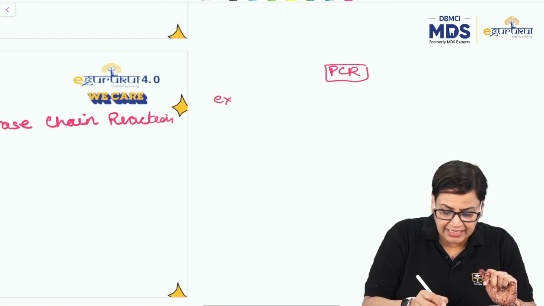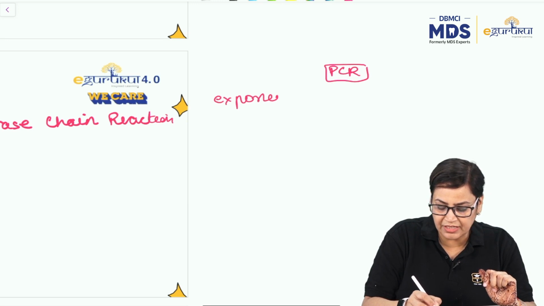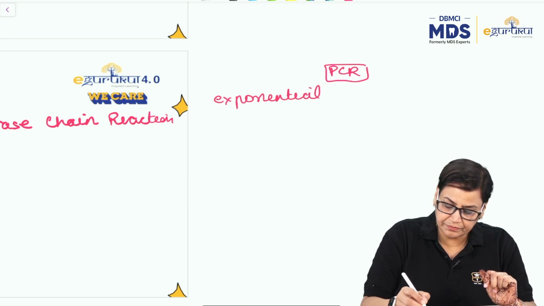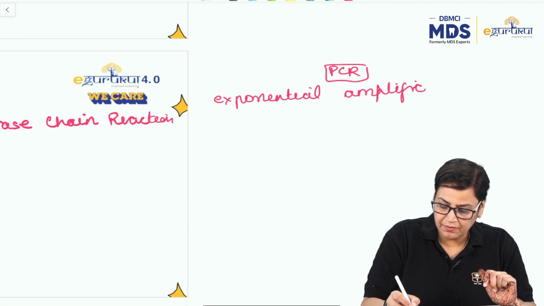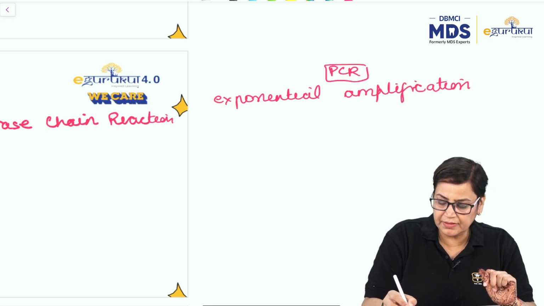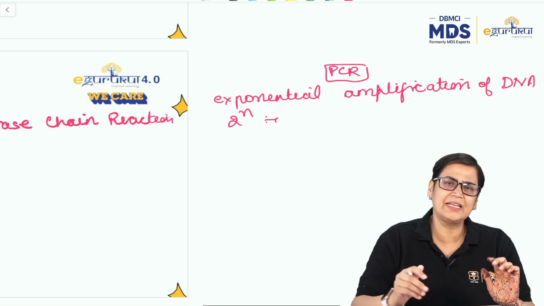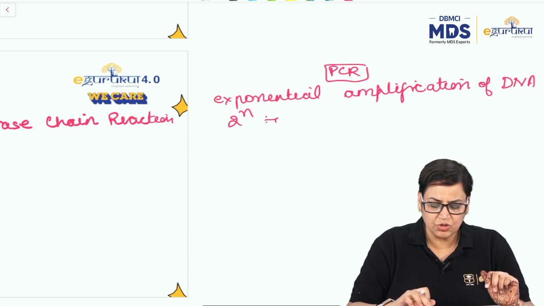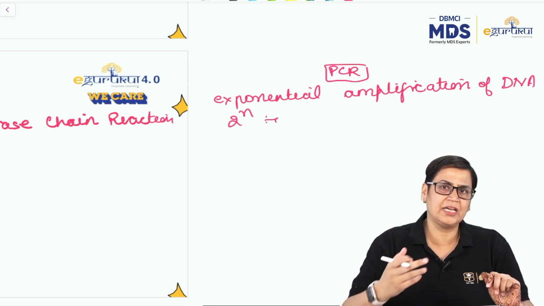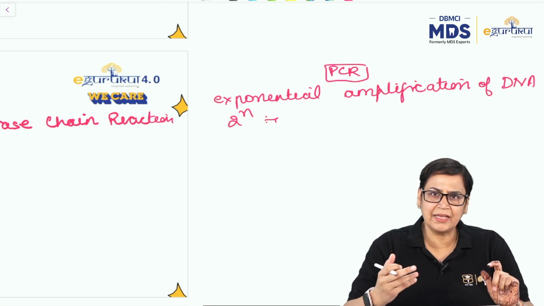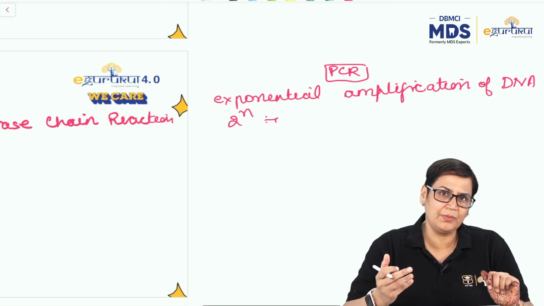It is exponential amplification of DNA, and it is 2 raised to power n. It runs at a very high temperature. So 2 raised to power n means if PCR runs for 2 cycles, how many amplicons will be produced?